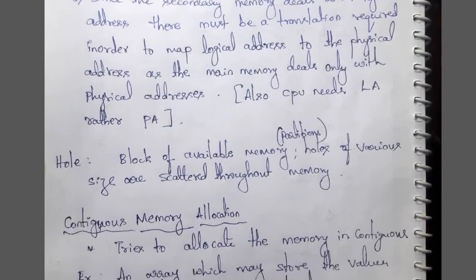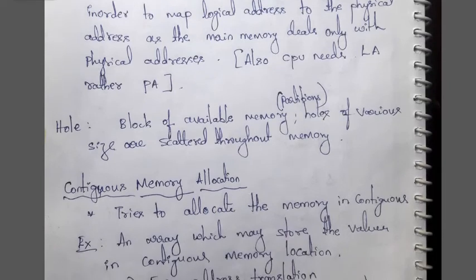When we move to the strategies, we need to have the concept of a hole. Suppose you have the main memory allocated with 3 or 4 processes, say P1, P2, P3, P4. When you move the process P2 out of the main memory back to the backing store, a space is created between P1 and P3.